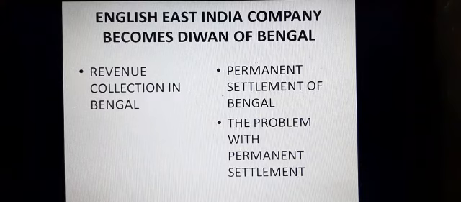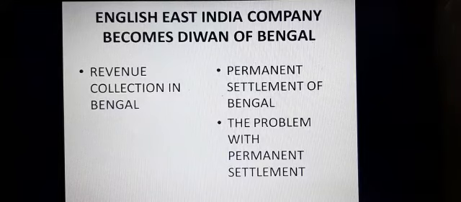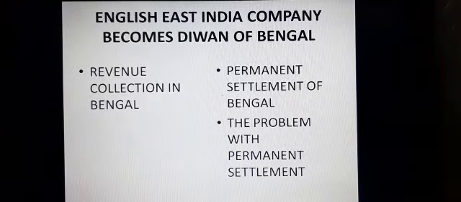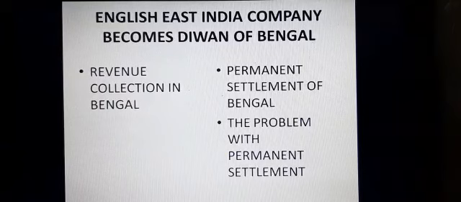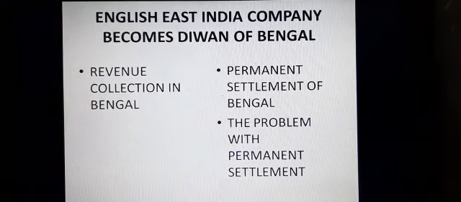The first one was that the Rajas, the Izaradars and the Talukdars were made the zamindars. Now they were the owners of land in their zamindari. And the second one was that the ryots or cultivators were reduced to the status of tenants only, but the land was of their own.